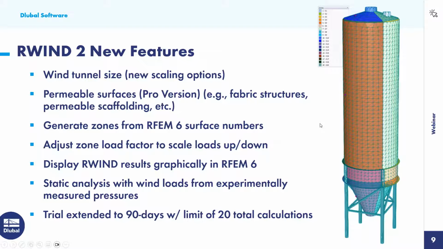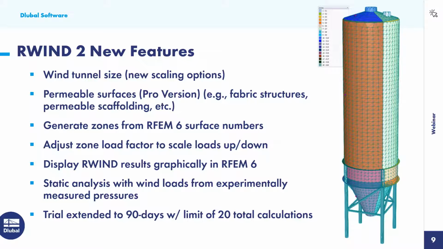The static analysis with wind tunnel loads from experimentally measured pressures. So this one's quite interesting in the sense that we can take experimental data. So if we have taken this structure and put it in a true wind tunnel test, or we have analytical calculations, we can now distribute this pressure manually on the structure, but we'll take advantage of the CFD mesh that's created in RWIND.